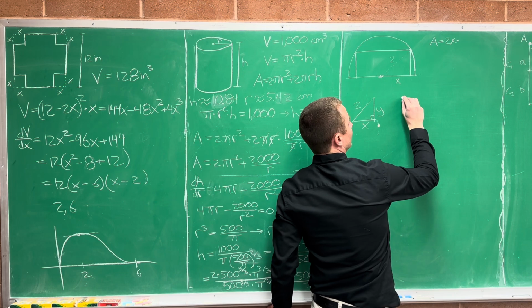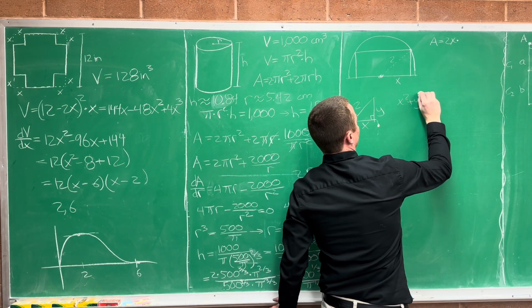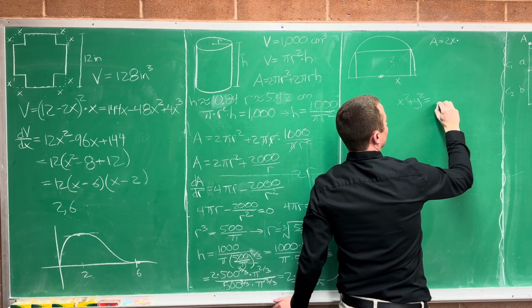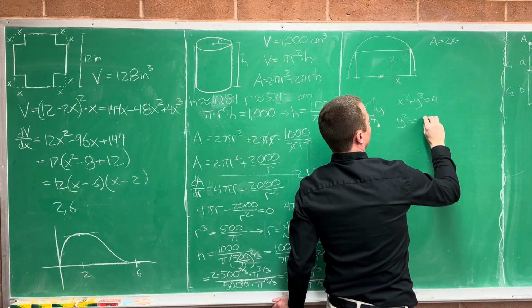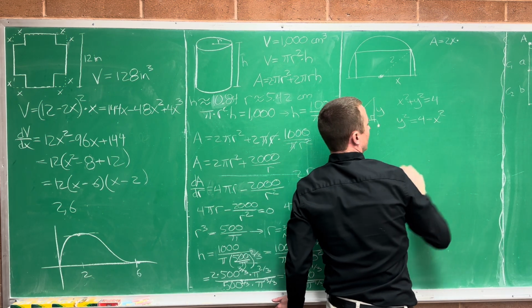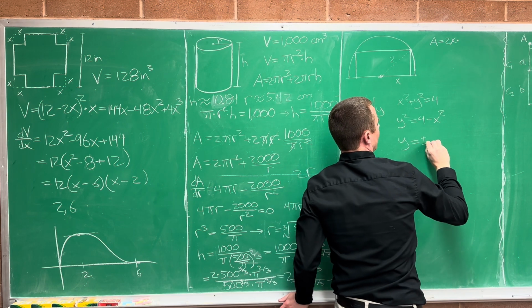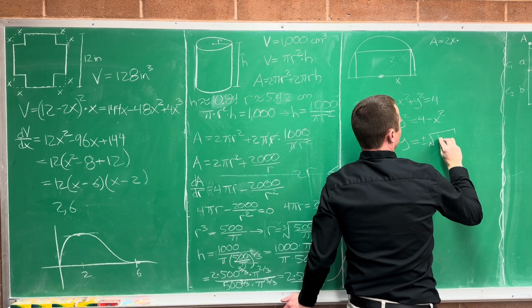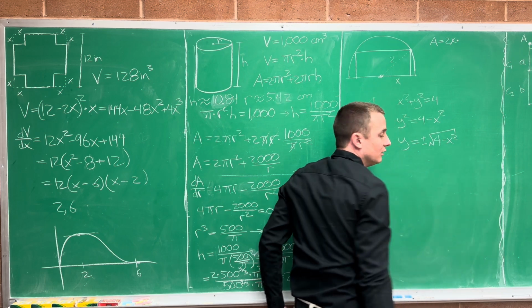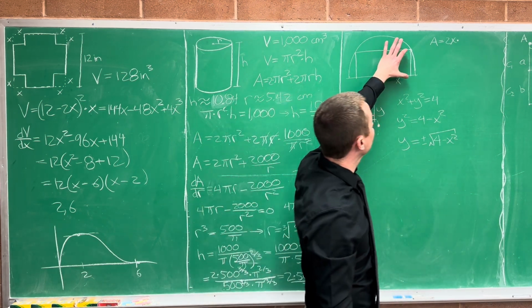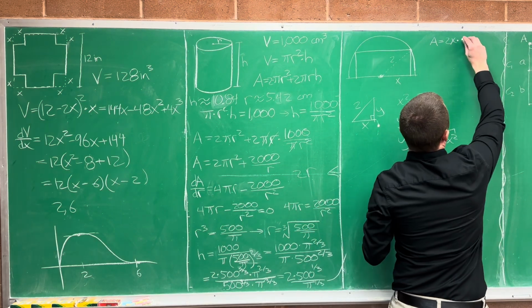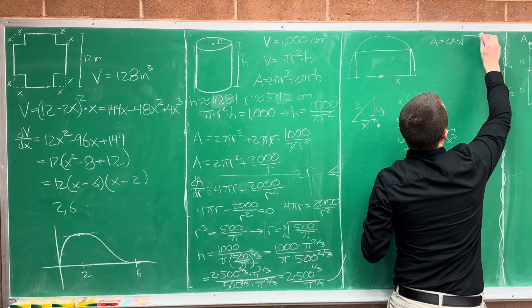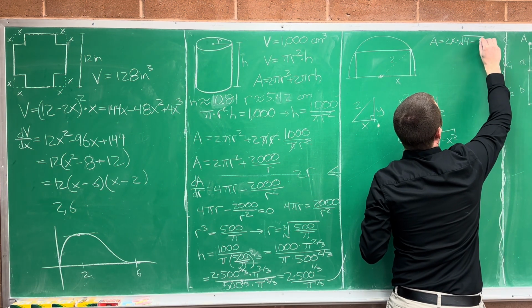So we know that x squared plus y squared equals 2 squared, right? We're solving for y. So y squared is going to be 4 minus x squared. So y is going to be plus or minus the square root of 4 minus x squared, right? Yep. And so the height of this thing is going to be the square root of 4 minus x squared. Positive because obviously we don't have a negative height.